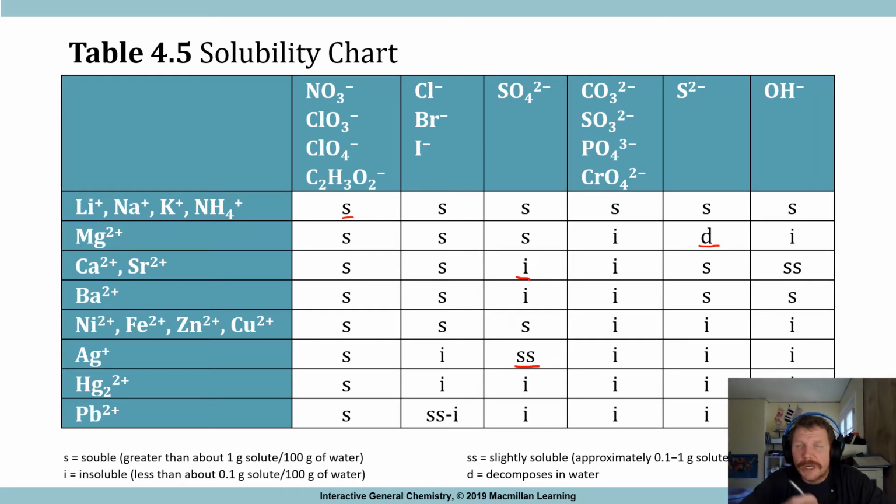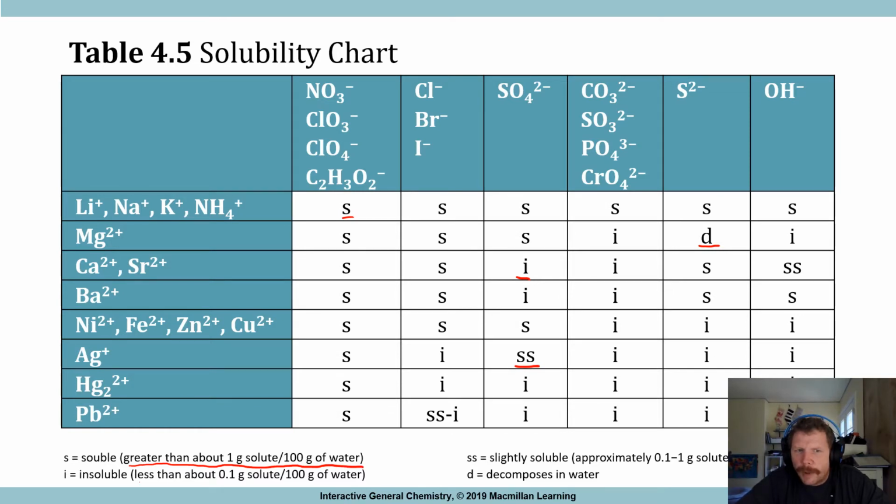And solubility does have a quantitative measure to it, and that is 1 gram of solute in 100 grams of water. Okay, so S, soluble, means greater than 1 gram of solute will dissolve in 100 grams of water.